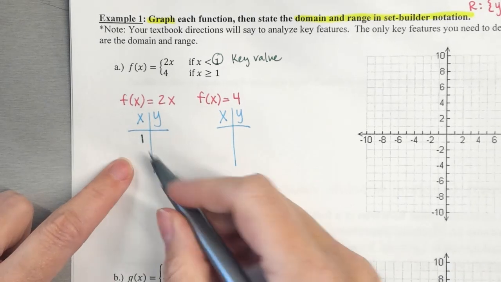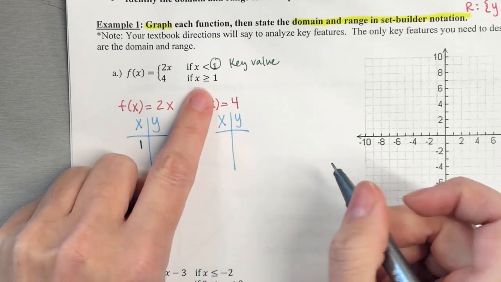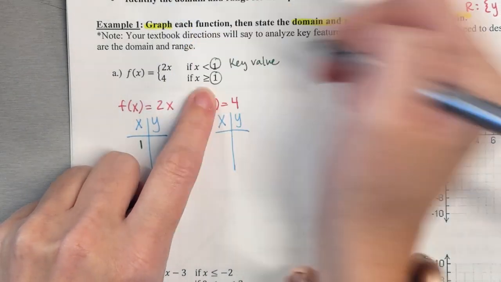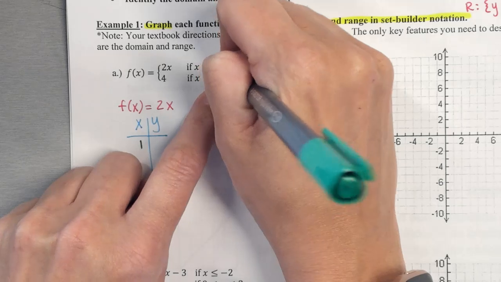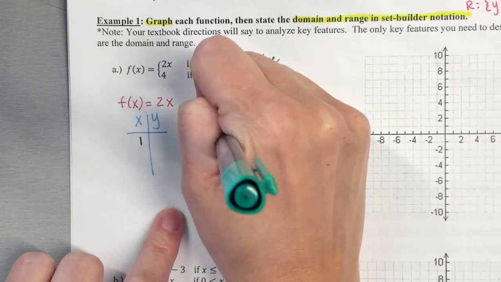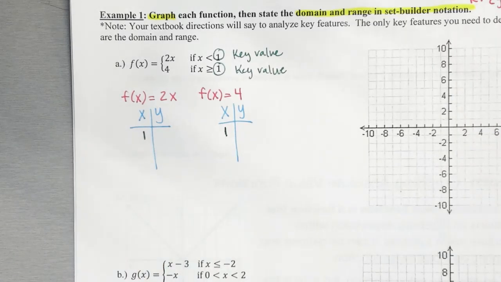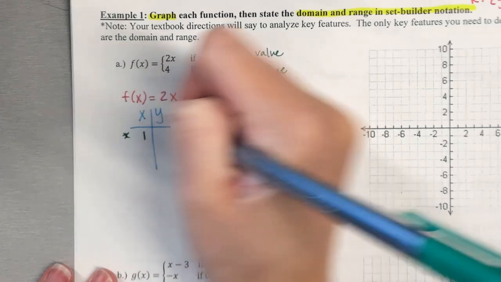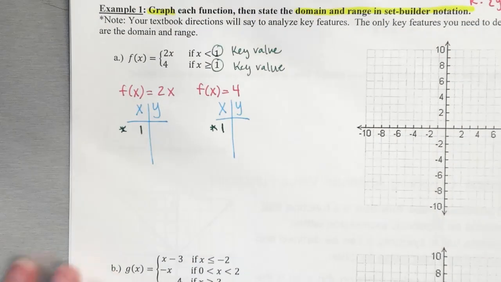And then once you have your key value for that one, let's make sure you put your key value here. So again, it just happens to be 1. A lot of times they do overlap. Okay, and then I'm just going to put a star so that you know these are the key values. You always want the key values on your table.